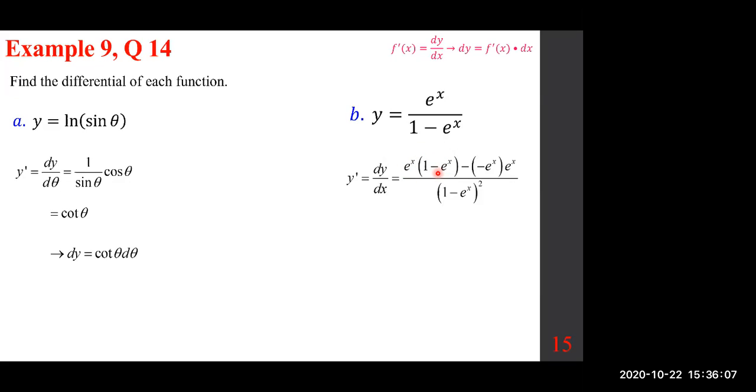This gives you e to the power of x minus e to the power of x times e to the power of x, which is e to the power of 2x, plus e to the power of 2x, and the numerator is only e to the power of x.